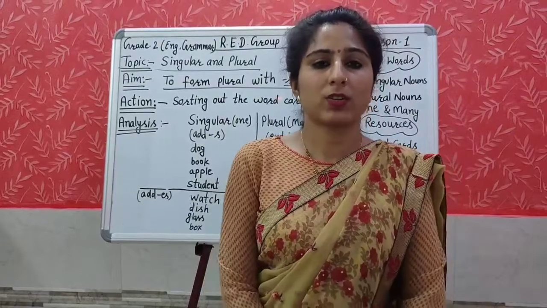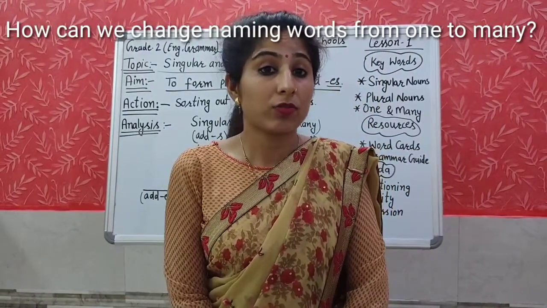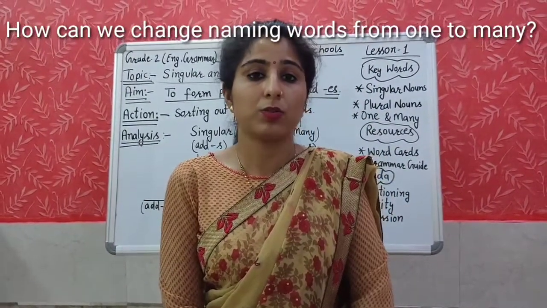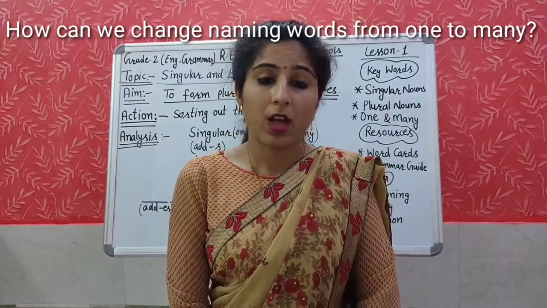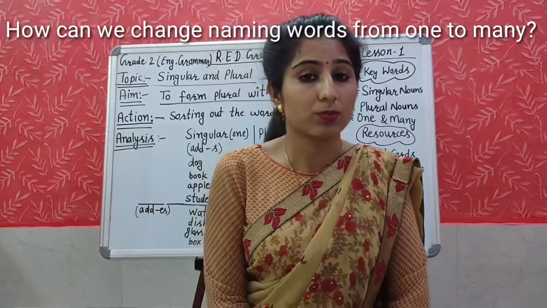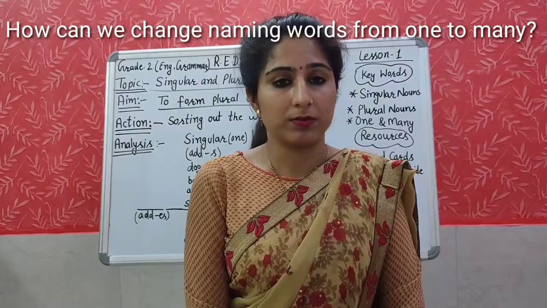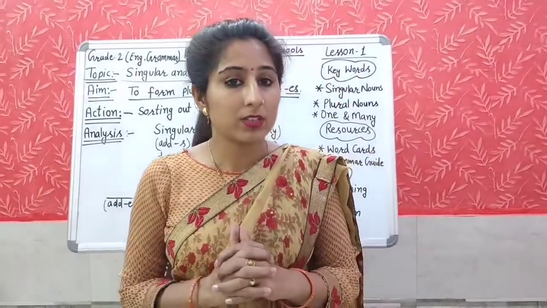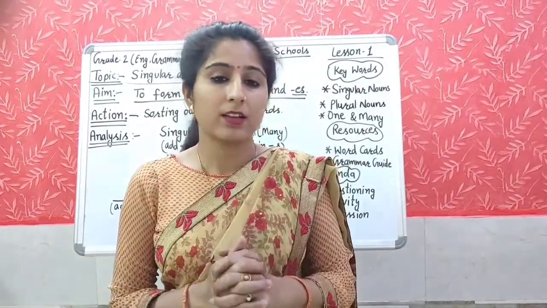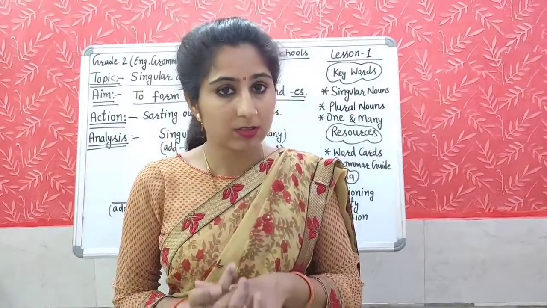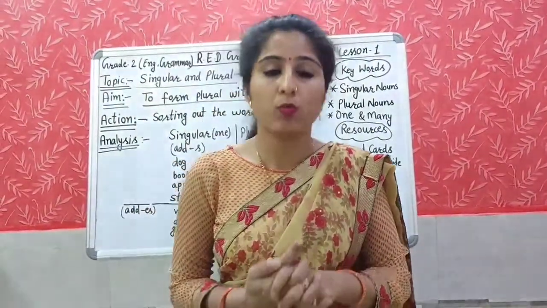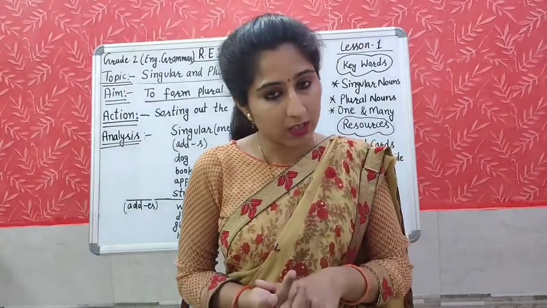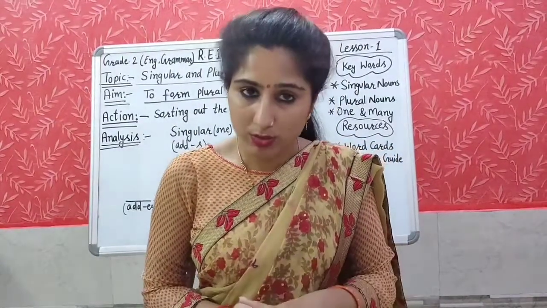Now my second question is, how can we change the words from one to many? Means how can we change things from singular to plural? Yes, students, the words which tell us about one person, one animal, one place and one thing are called singular nouns.